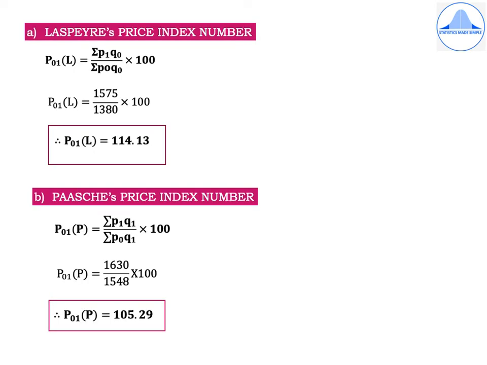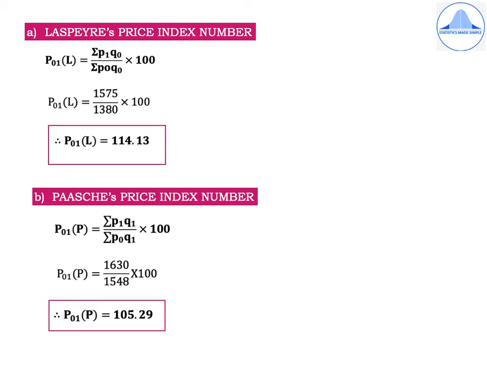Starting with Laspeyres price index number in the first subdivision, P01 of L is equal to summation P1 Q0 divided by summation P0 Q0 into 100, which is equal to 1575 divided by 1380 into 100. Therefore, P01 of L is equal to 114.13.